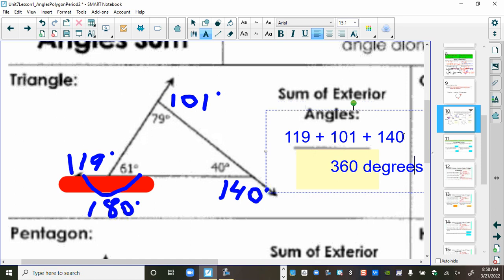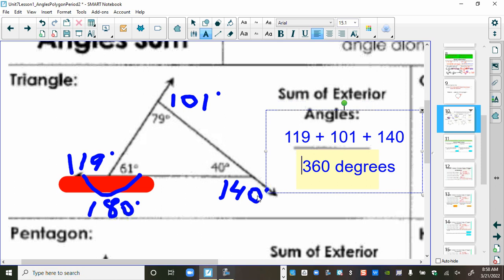Reason why we did this was because this is from unit 1 and 2. Now, does anybody remember the word for two angles whose sum is 180 degrees? Begins with an S. Supplementary.